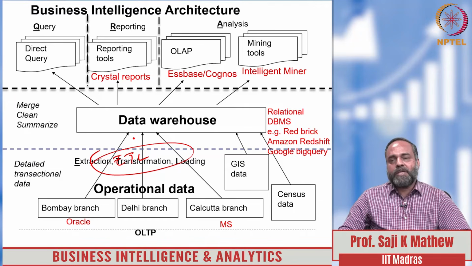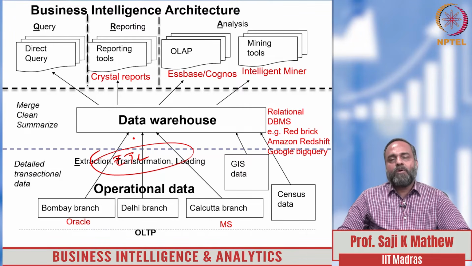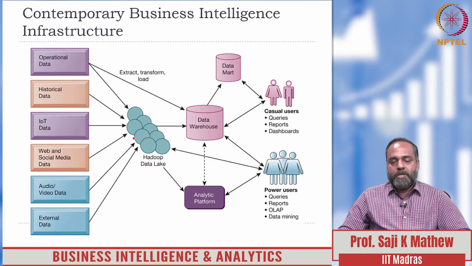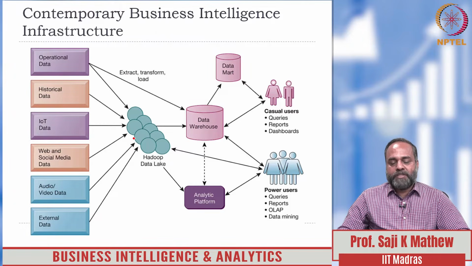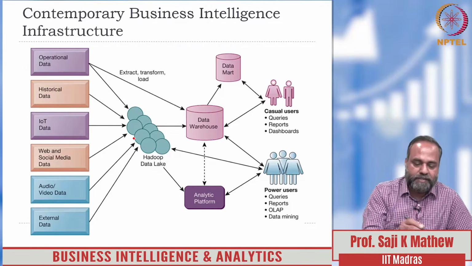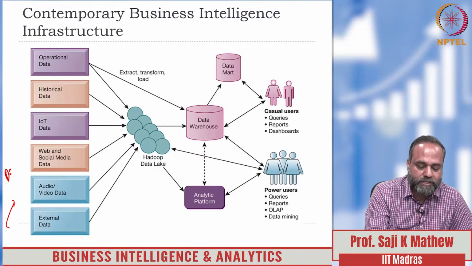So let me give you an overview of what is current, without really going into the details, my aim is to give you an overview. So a more contemporary BI infrastructure would look like this, where the left side is the data sources.